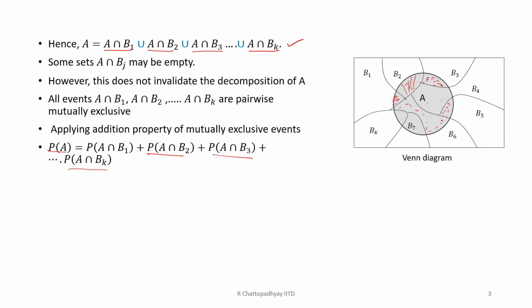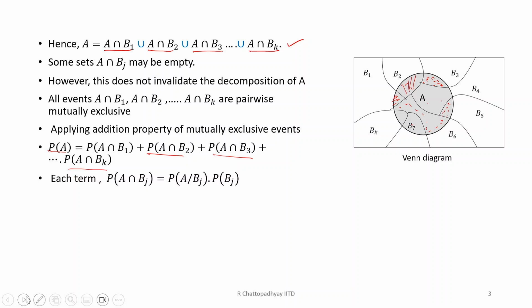So P(A), the probability of the event A, is the sum of individual probabilities of A intersecting with B1, B2, B3, B4 up to Bk.